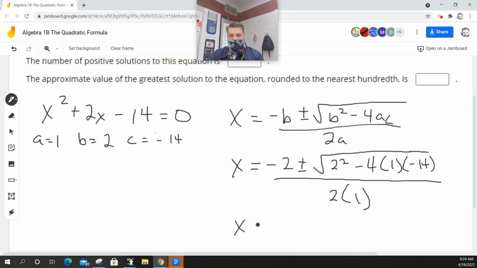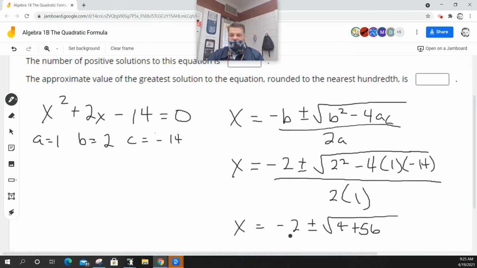In the next line, I get negative 2 plus or minus the square root of 4. Negative 4 times 1 is negative 4, and negative 4 times negative 14 is positive 56, I think.